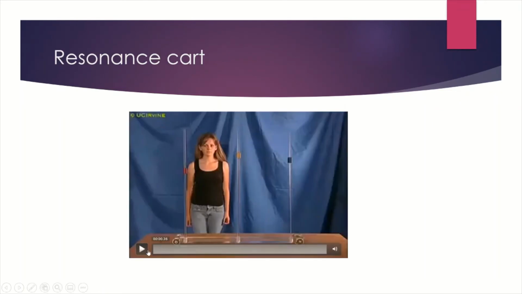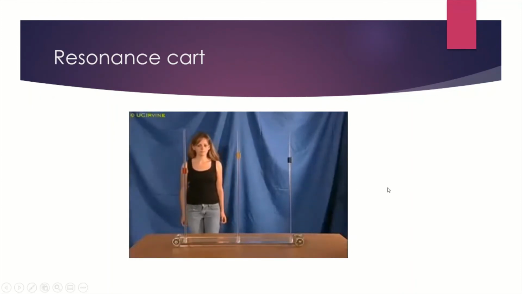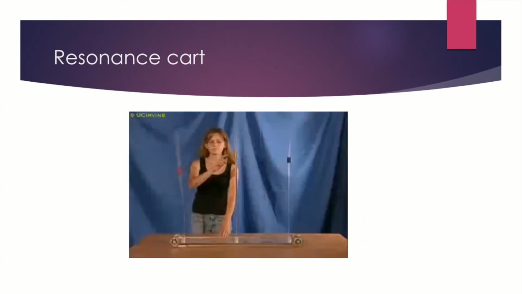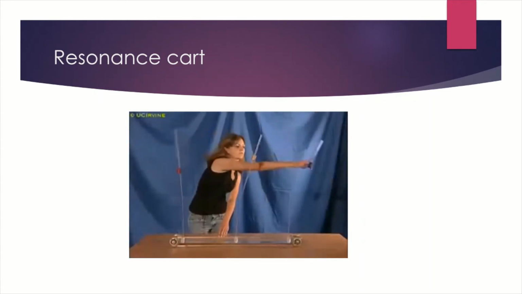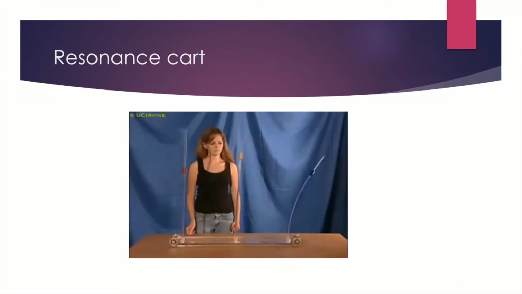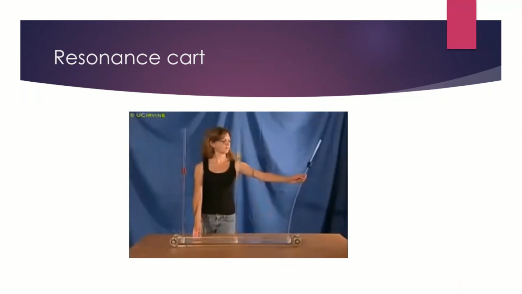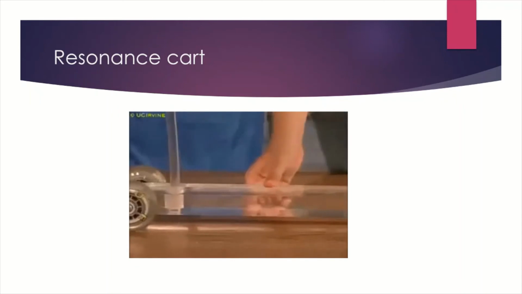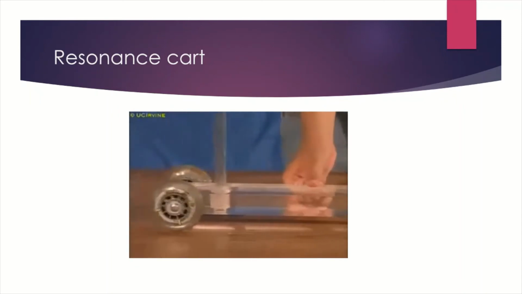Okay, look at this. Resonance cart. The weights on these sticks each have their own natural frequency. The red weight has a high natural frequency, the yellow weight has a medium natural frequency, and the blue weight has a low natural frequency. When Katie vibrates the cart with a high frequency, the red weight has the largest amplitude.